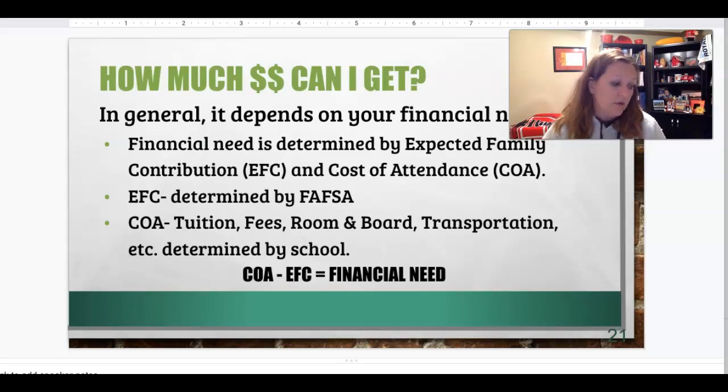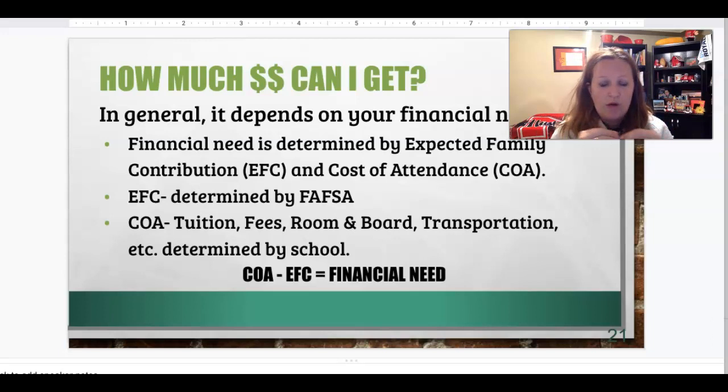Typically, it depends on your financial need. So the way it is calculated, they use a formula and they take the expected family contribution, which is the EFC. So earnings, assets, other forms of income, and they look at the cost of attendance of each school.